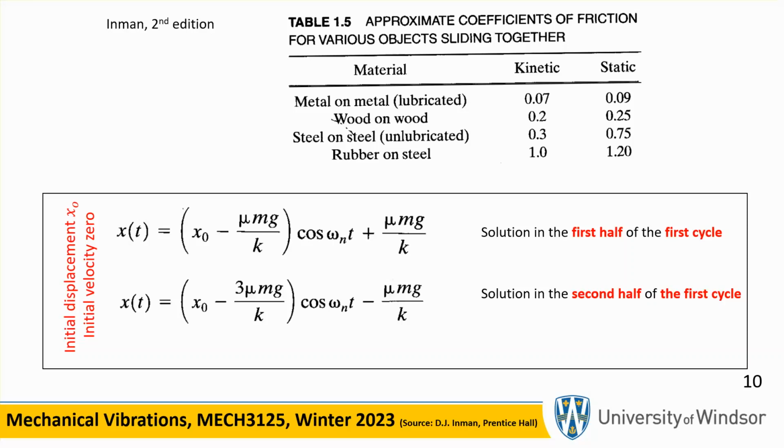So if you look at a cycle of this process, in the first cycle, the equation looks like this, the solution looks like that. And in the second cycle, the solution looks like this. In fact, I'll show you this graphically, but at least so that you know where it's coming from. It's coming from here. Now, this assumes that the block is displaced to a position and released from rest.